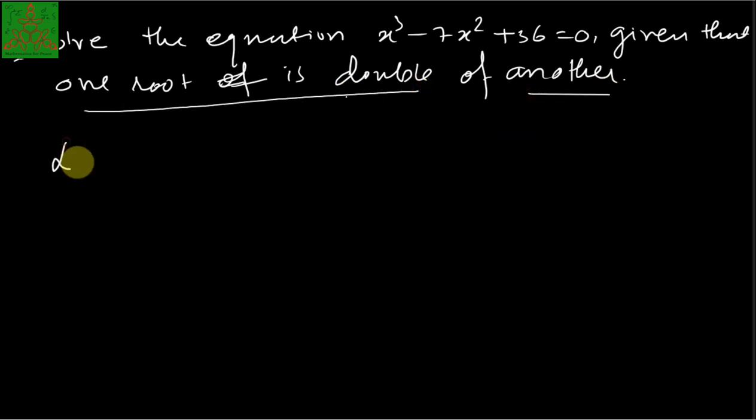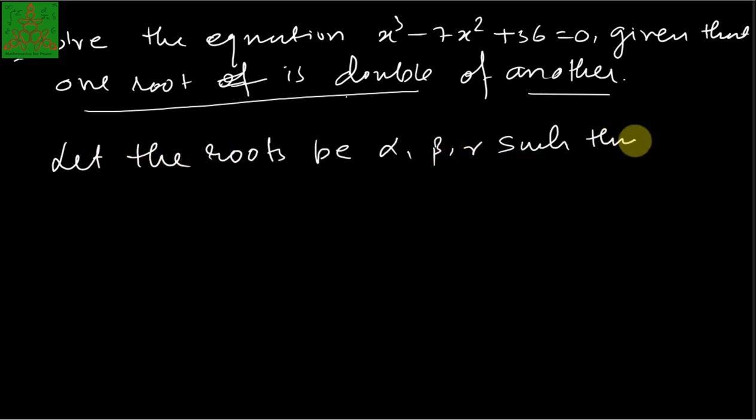So let the roots be alpha, beta and gamma, such that one of the roots is double the other. Say beta is equal to 2 times alpha. This is given.